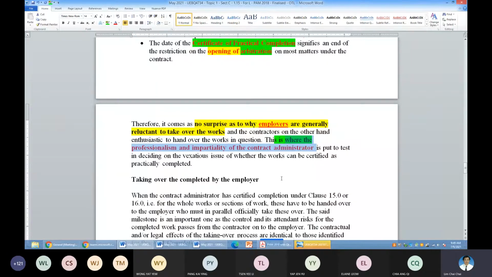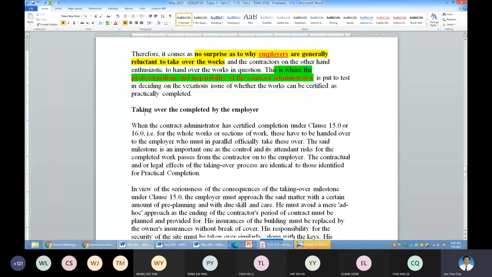Okay, so it's something for you to think about in future. Okay, so once already completed, then it is for the employer to take over the completed structure or building.